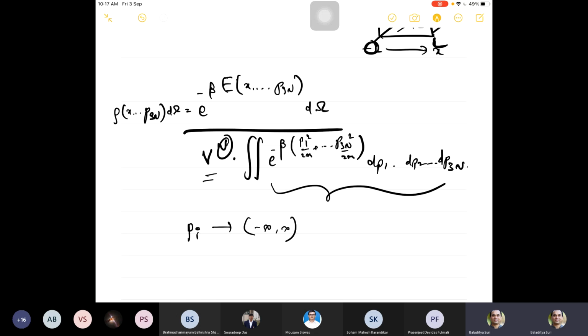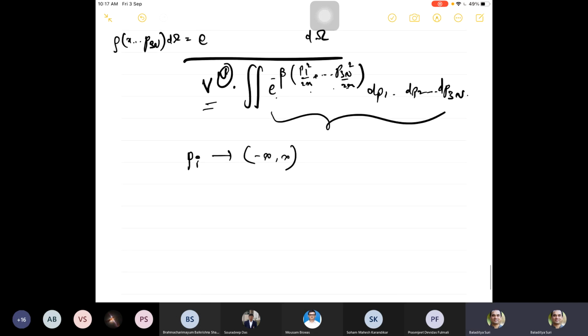And similarly, every Pi. And the fact that this exponent is a summation over individual Pi's, you can write this as e to the power of minus beta Pi squared by 2m, product over all i. So I hope you guys are familiar with these symbols. When you write sum over i, you write sigma with i, and product is this big pi with i as the subscript. Okay.